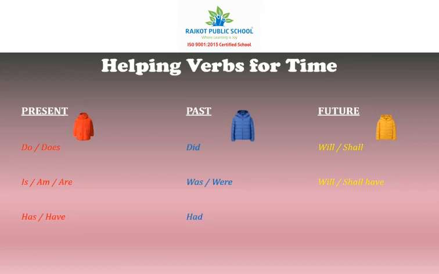And whenever you see helping verbs like will, shall, or will have, shall have, then the sentence is of future tense. Very easy, very clear. You just have to remember the helping verbs and you will know which time the sentence belongs to.